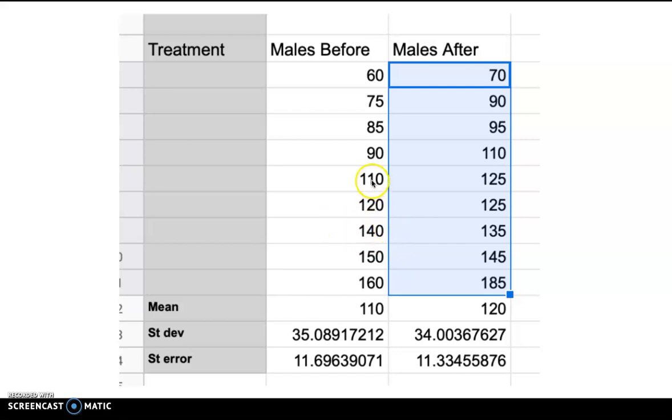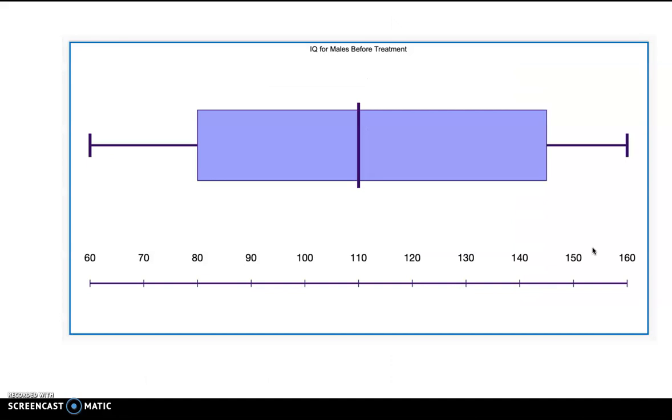So halfway between the median and the maximum, or the number that is halfway between, not halfway between an actual value. So if I plot it, and I used an online option, but you guys have to do this by hand for practice, and I made a mistake, you'll see, but the median is 110, and the lowest value is 60, highest is 160, and the lower quartile should be 85, and the upper quartile should be 140.